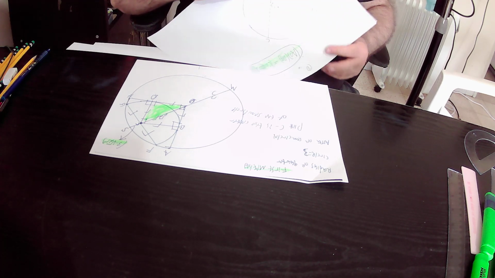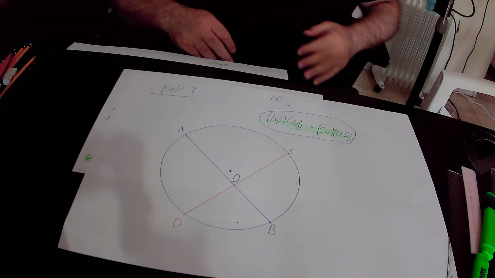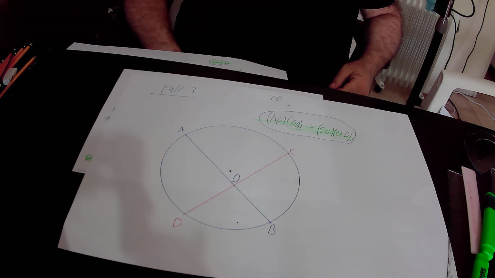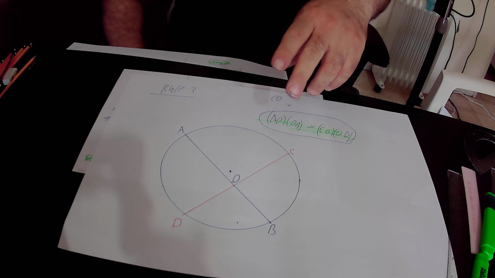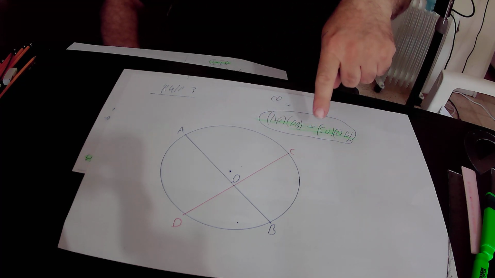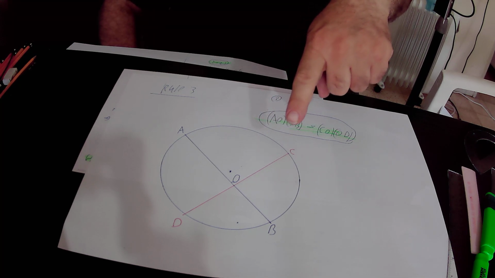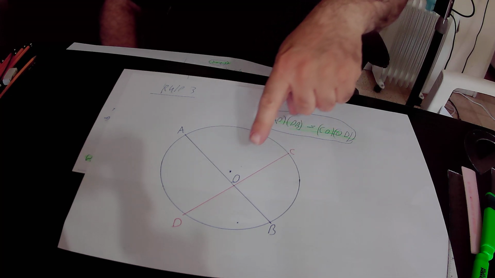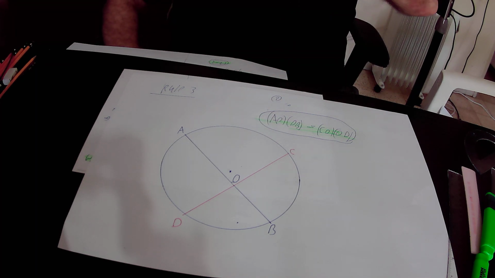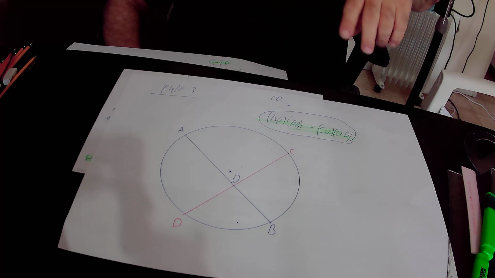Then I presented to you rule number 3. According to rule number 3, whenever we have two chords that intersect with each other inside a circle, like in this drawing, we have chord AB that intersects with chord CD at point O. Then the following relationship is true between the parts of the chords.